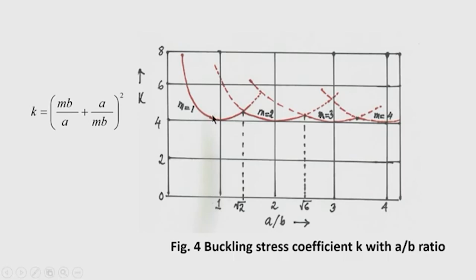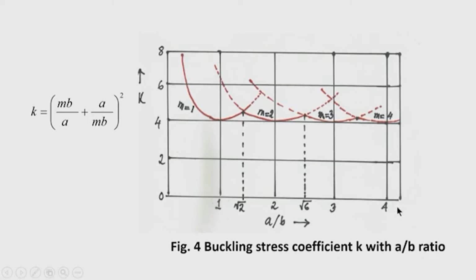Now, for m is equal to 2, if I plot k against a by b ratio, I will get a curve like that for m is equal to 2. This curve is plotted here by substituting m is equal to 2 and varying the a by b ratio. So, a by b ratio we are varying here along the x axis, and we have gone up to higher values.